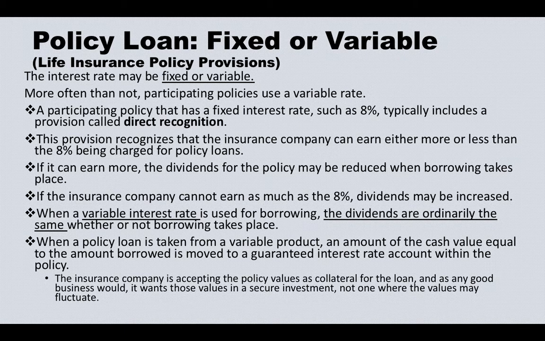So when you borrow, let's say you have a $200,000 loan borrowed against your cash value, the insurance company says, you know what, we don't want the $200,000 cash value in the equity market. It's too volatile. We want you to put it in fixed income. If you don't pay us the $200,000 back, we're going to take your money. Your cash value is used as collateral for your loan.